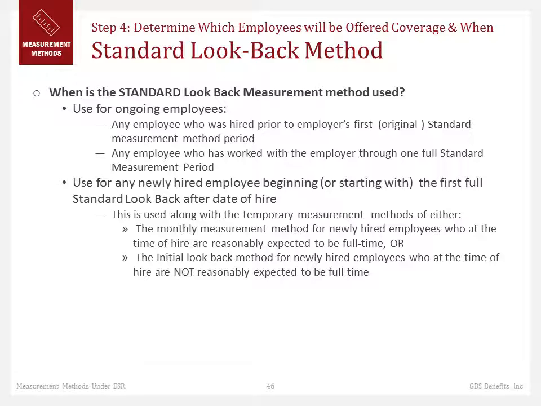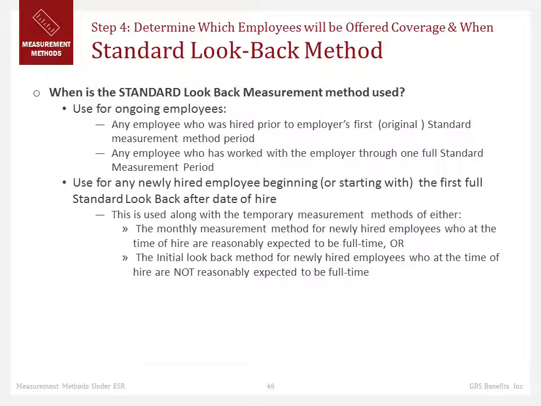An employee who was hired prior to the employer's first or original standard measurement period is an ongoing employee. So in other words, back on that other slide, the first measurement period started November 1st, 2013. So anybody who was an employee prior to that date would automatically be an ongoing employee.